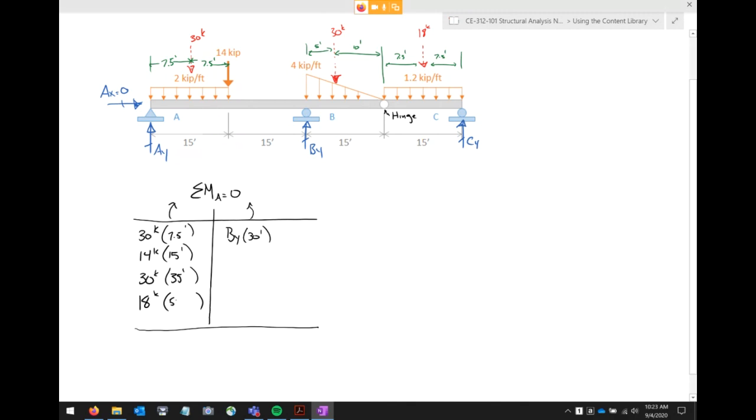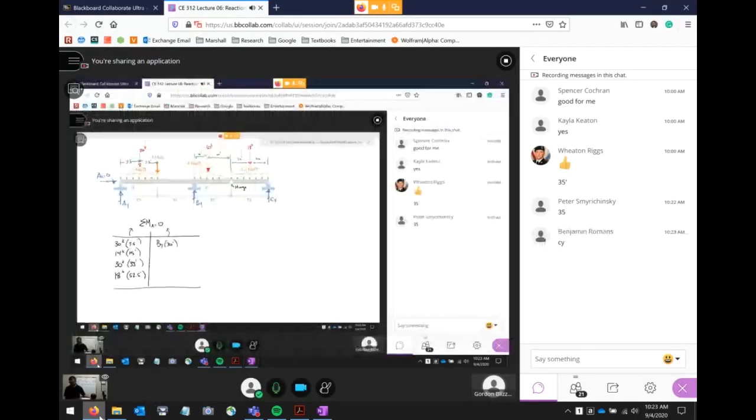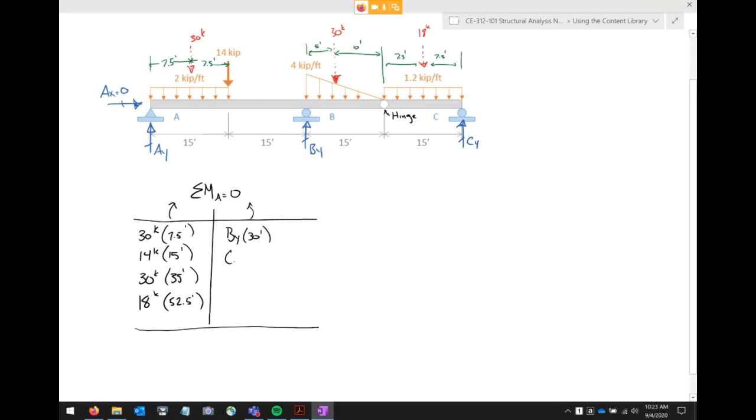Exactly right. 52.5 feet. But is there something I'm forgetting? Did I miss one? Yeah, the CY. So we've got the CY, and that one's going to be at a moment arm of, what, 15, 30, 45, 60 feet. Okay? And that makes things a little weird.